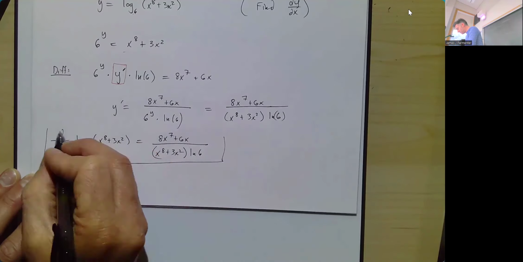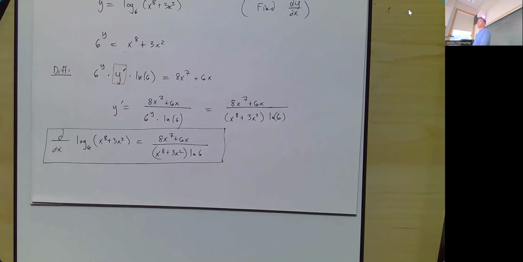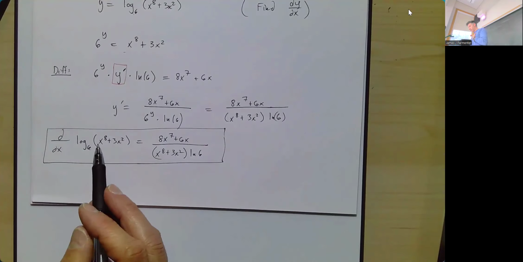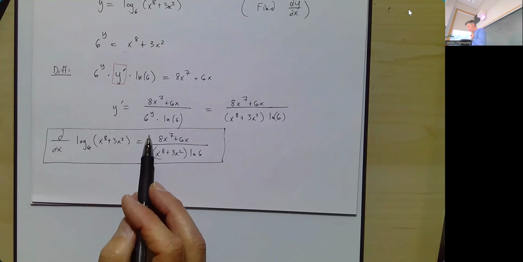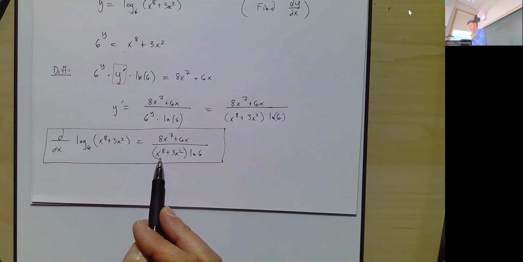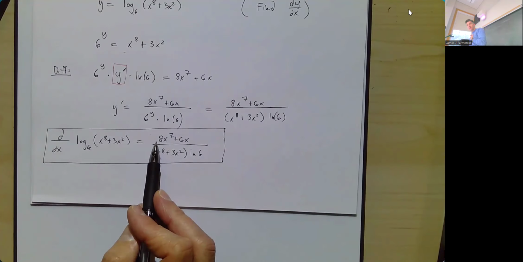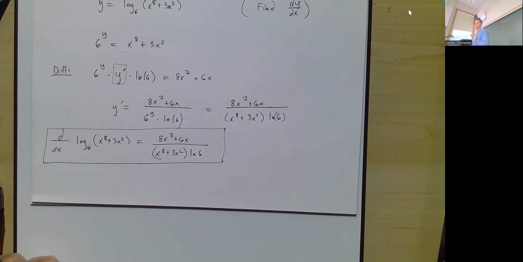Or as I would like you to say in your head, and I certainly say this in my head, the derivative of log base 6 of some stuff is 1 over the stuff times the derivative of the stuff divided by the natural log of 6. And then we scrunched it all together.